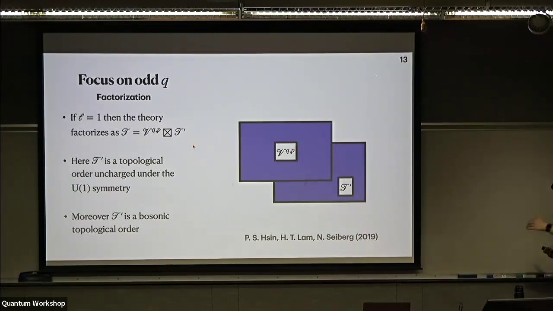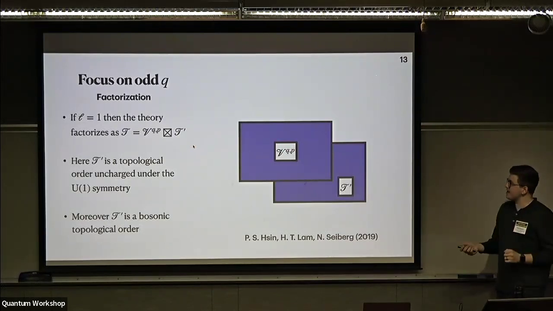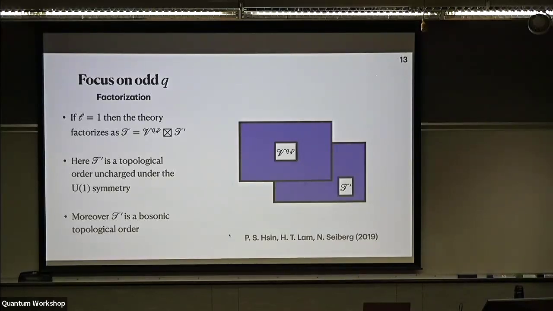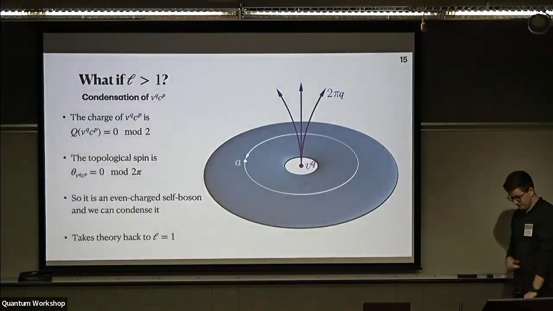If the order of the boson is exactly q, you can split off your charge sector, which is generated by the boson, from your uncharged sector, which is some bosonic topological order. We saw that in the Read-Rezayi example, because we split off the boson from the Fibonacci sector. So that is an example of this observation.